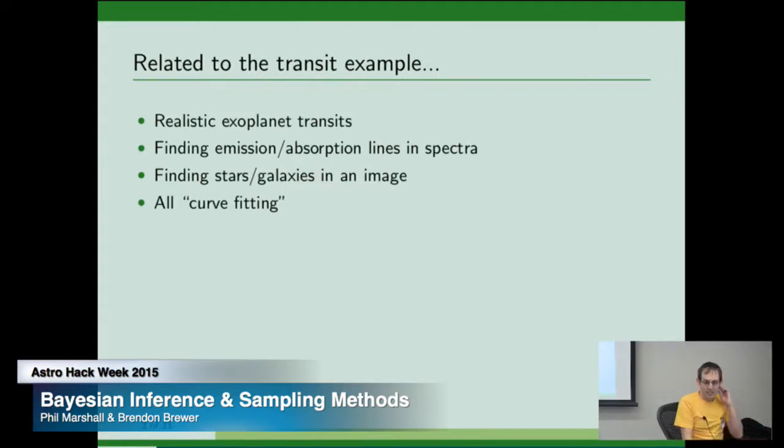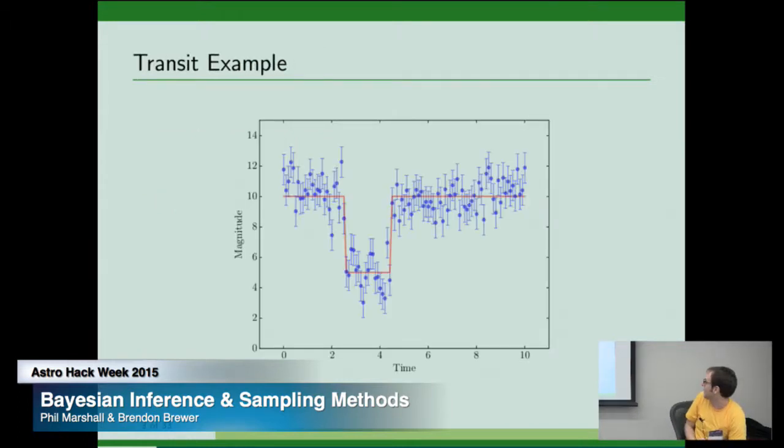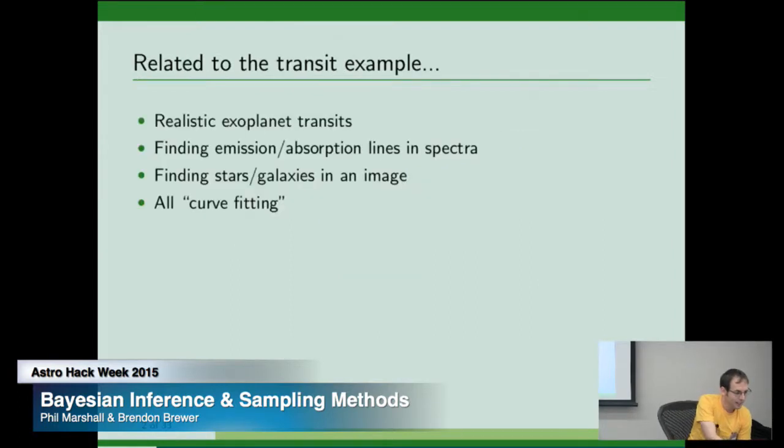This kind of curve fitting family of problems is related to heaps of data analysis problems in astronomy. Obviously you could think of a much more realistic version of this, and there are people in this room who work on that. There are lots of problems that look like curve fitting in studies of spectra. If you're trying to find emission and absorption lines, or fit the continuum, or infer some parameters from a spectrum, then that's a curve fitting problem of sorts.